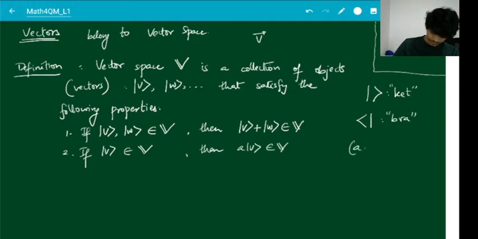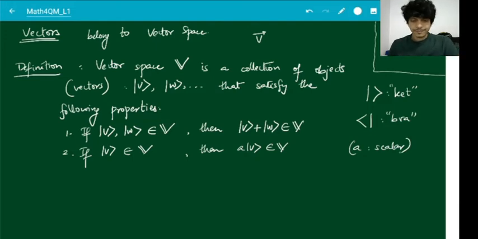So A is a scalar. You can think of a scalar as just being a number. And well, no, I'll come to fields in a little bit.